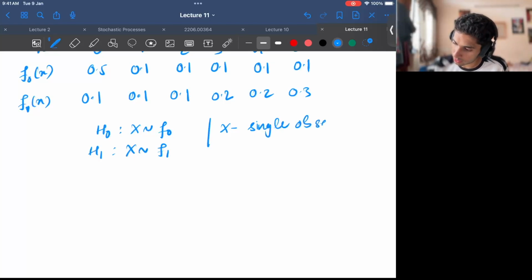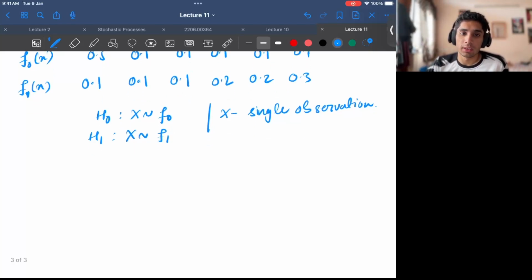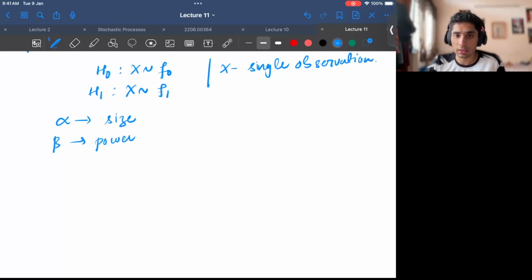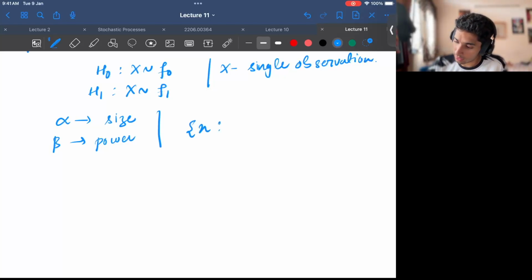Alpha is your size and beta is your power of the test. This test has a critical region of x such that x is greater than 2. What is the value of 10 times alpha plus beta?